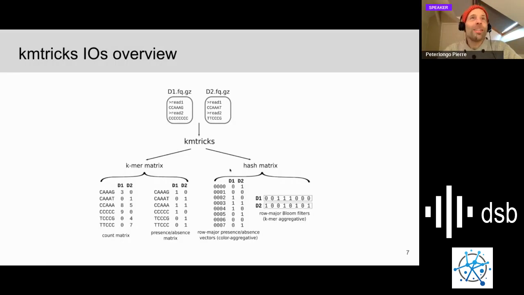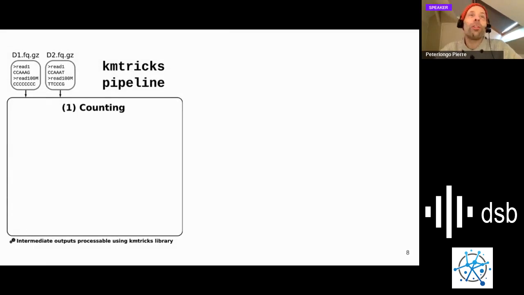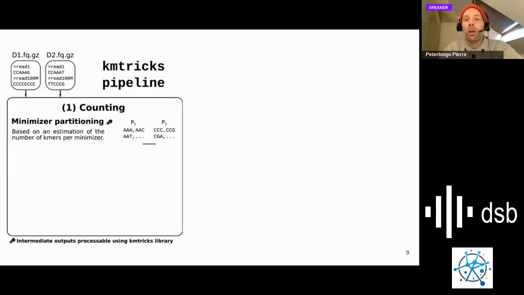And I'm going to dig a bit into not the algorithmic details, but the overview of the pipeline. So the beginning of the pipeline is classical. We use minimizers, partitioning, and super k-mers, as this is usually done, for instance, in KMC. So the first step is to compute a set of minimizers that will spread the k-mers into different partitions.